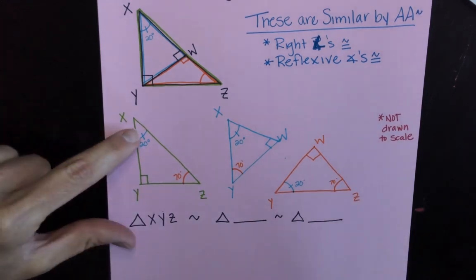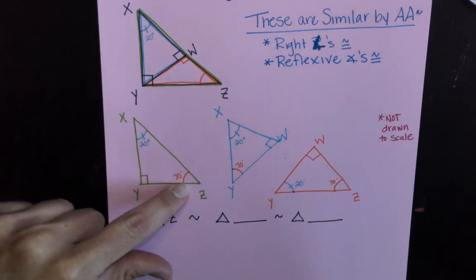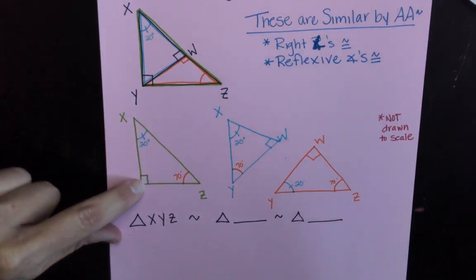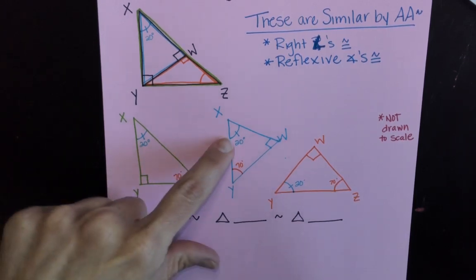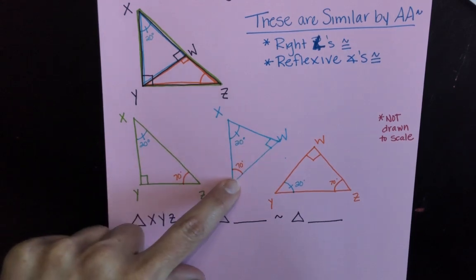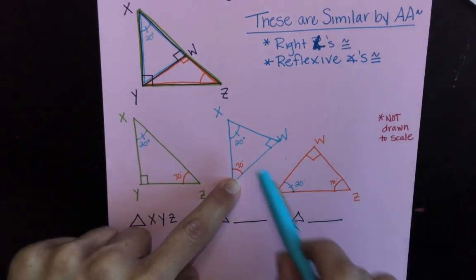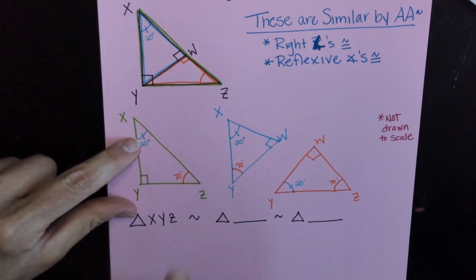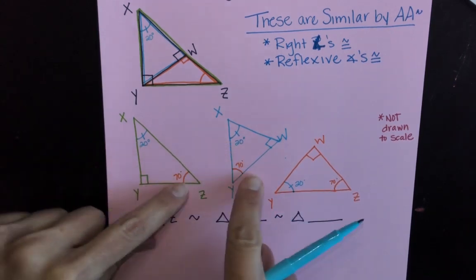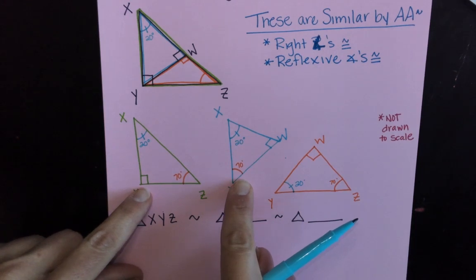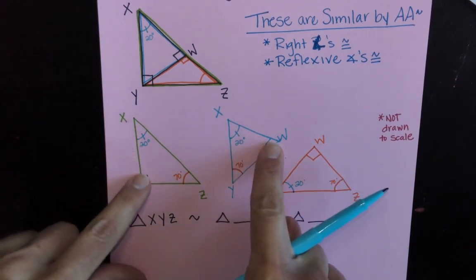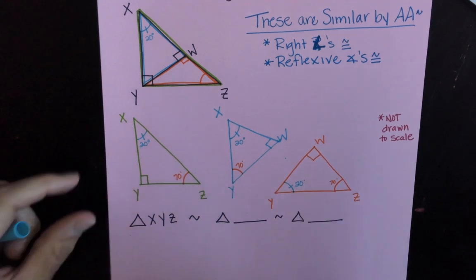20, 90, 70. X, Y, Z, 20, 90, 70. Or I could say blue, green, orange. Or blue, right, orange. So over here, blue, right, orange. So if I was to name this one in the same pattern, 20, 90, 70, or blue, right, orange, I don't have to worry about the letters.